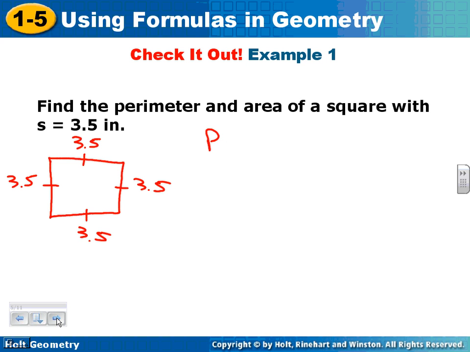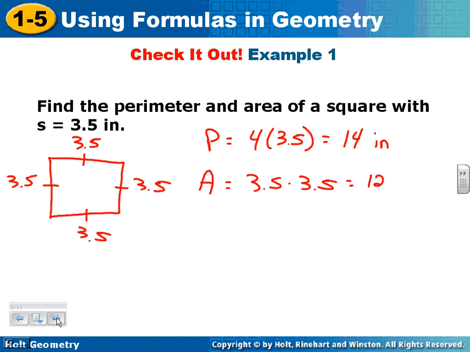So my perimeter is, and I could add 3.5, 3.5, 3.5, or I could just take 4 times 3.5, and that would be 14, so that's 14 inches. My area is side squared, or 3.5 times 3.5. Of course, that requires a calculator. 3.5 times 3.5 is 12.25. And that one has to be labeled inches squared.